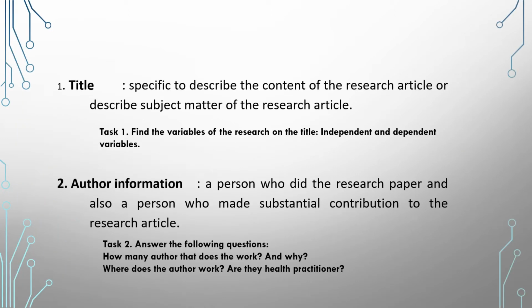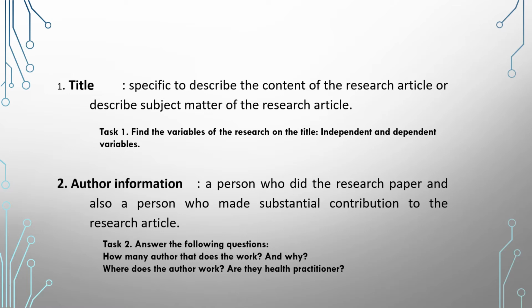The first component in the research article is the title. It is specific to describe the content of the research article or describe subject matter of the research article. The title of the article consists of variables, and we divide the variables into two.